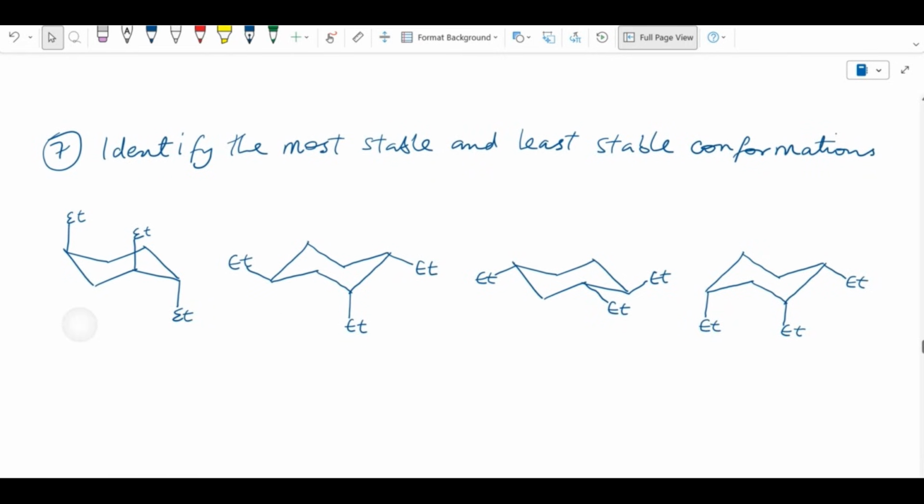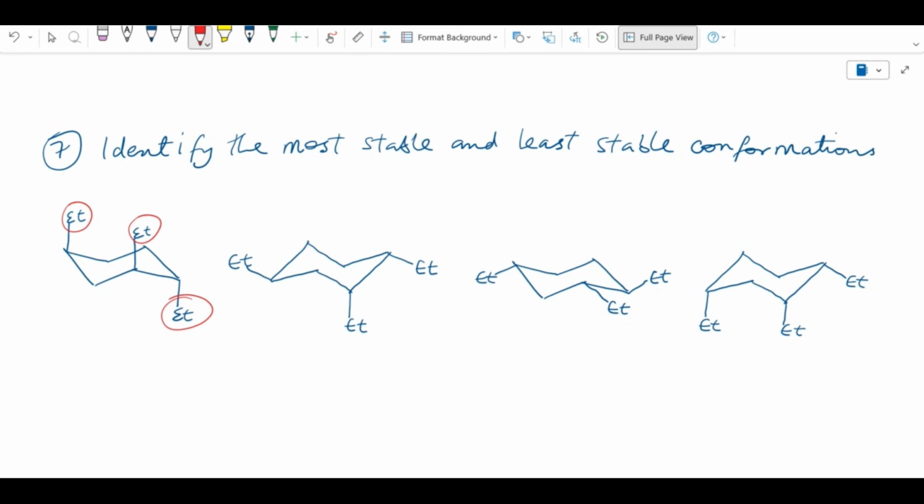This question asks us to identify the most stable and the least stable conformations. So these are different conformations of a tri-substituted cyclohexane. Now, whenever you have bulky groups in axial positions or axial bonds, they destabilize the conformation the more.